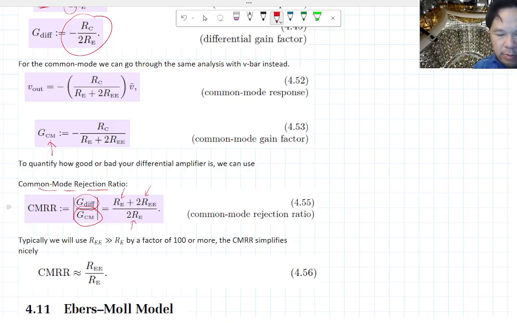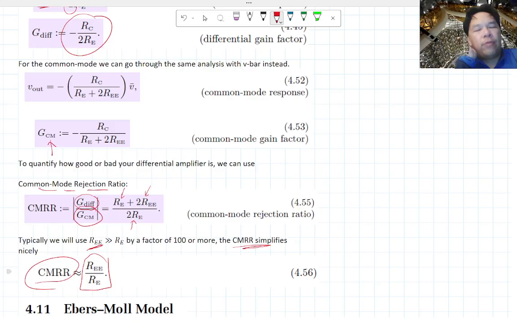Typically what you want to do is design amplifiers so that this R double E is much bigger, maybe a factor of 100, maybe even 1,000, so that you can actually simplify this common mode rejection ratio to be just the ratio between the big REs, the R double E's, divided by the R single E. And this is how you actually quantify a differential amplifier.